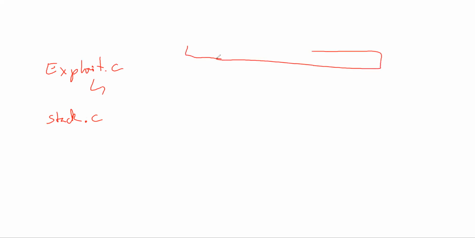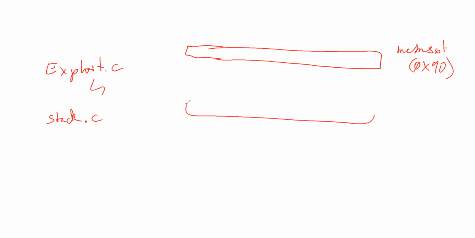I think it does a memset for no-ops, which are 0x90s. And that's the instruction that means a no-op. So it memsets it to that. And then it shows you when it's done, but you have to write this part. So you have to put in the return address and the shellcode in there. So that has to be written into that.